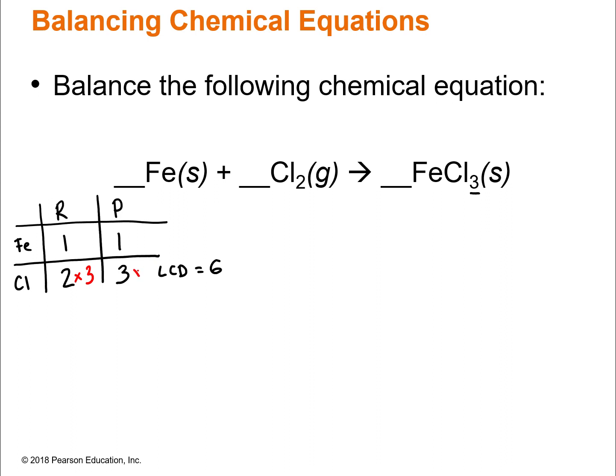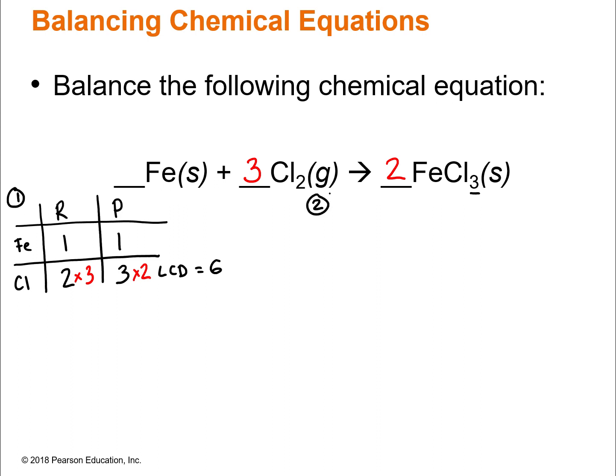On the product side, by 2. Notice how I placed the numbers in front of the compounds, and I did not touch the subscripts. But now that I've done that, I've changed the number of irons that I have. So that was our first table.